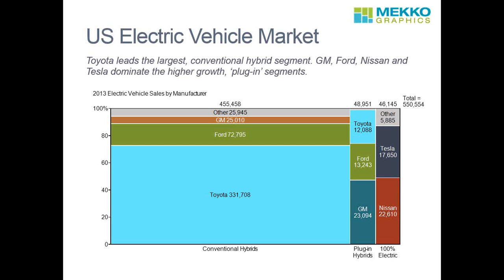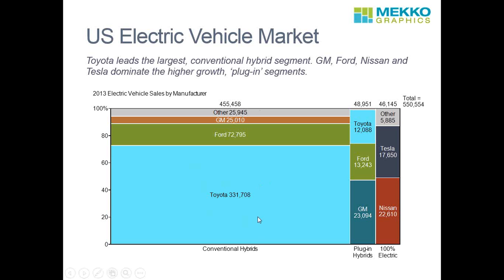So you can see in this very simple U.S. electric vehicle market Marimekko chart that conventional hybrids are by far the largest segment. They make up 455,000 out of 550,000 vehicles sold in the U.S. in 2013, so maybe 80% of the market.